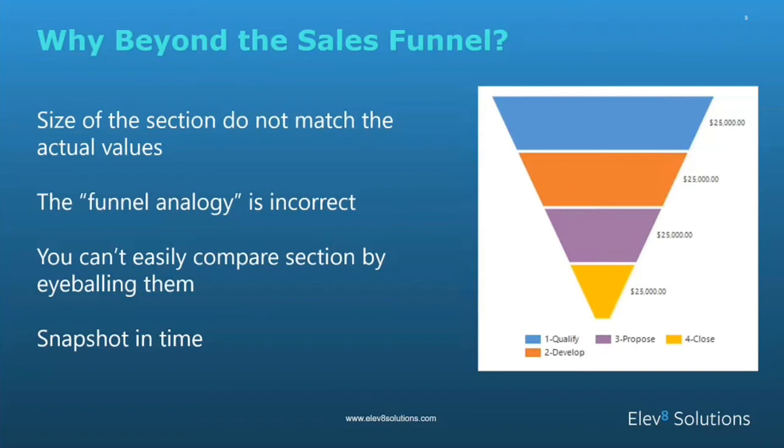But because of the sizes, you can't really easily compare the different sections just by eyeballing them. I had a quick look at this. I would say, yeah, we have a lot in qualify, and then we have less and less as we go along. We actually have the exact same amount.